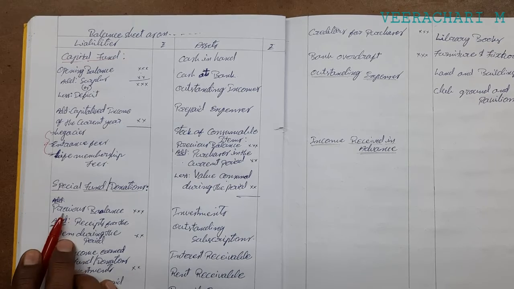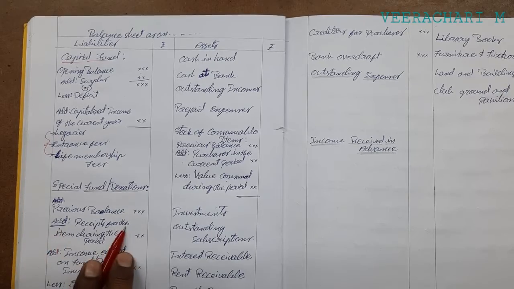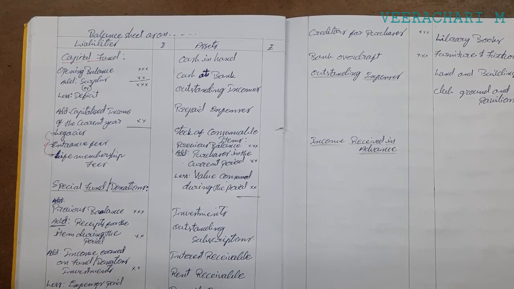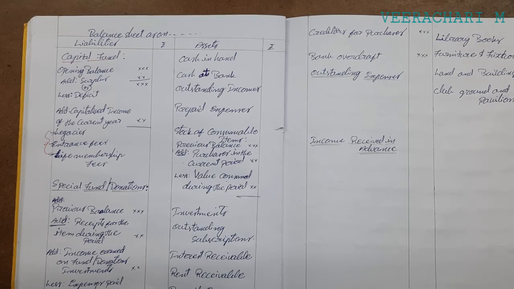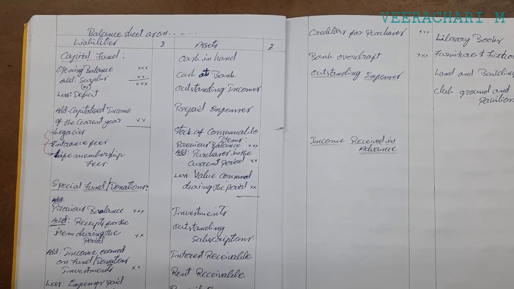From the specific donation, that is the opening balance of specific donations plus receipts during the current year, less expenses paid out of specific donations, meaning how much we utilized for the specific purpose. After deducting, the closing balance we should write under the liability side.